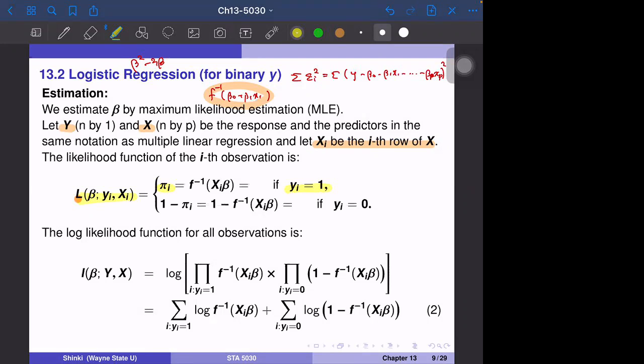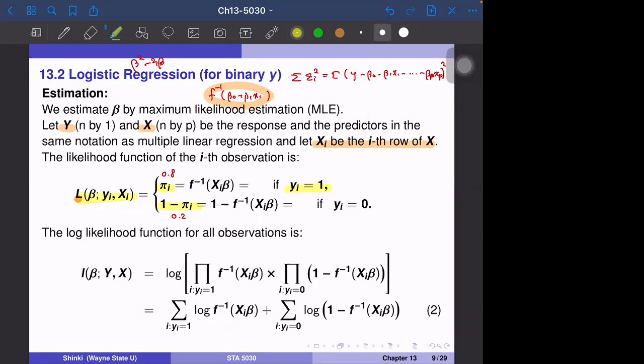Suppose the success probability is 0.8 and we succeed; then the likelihood is 0.8. If the success probability is 80% and we failed, then the likelihood is 0.2, so 20%.